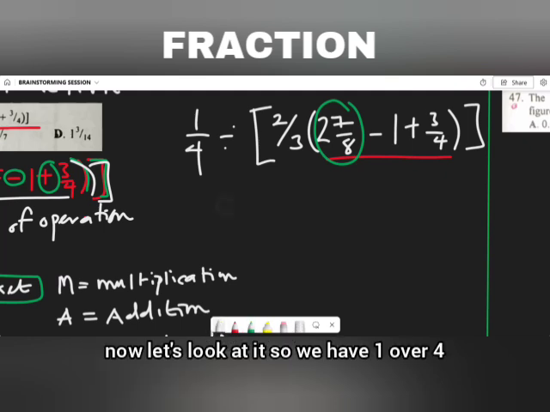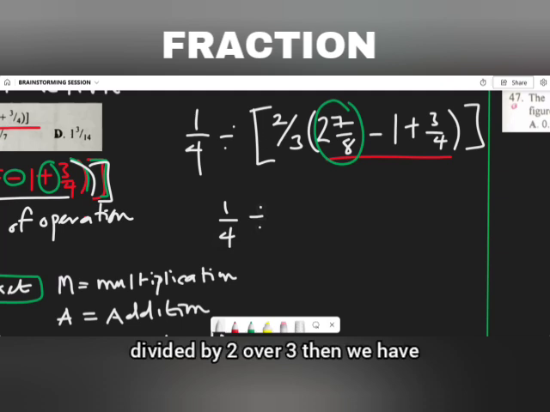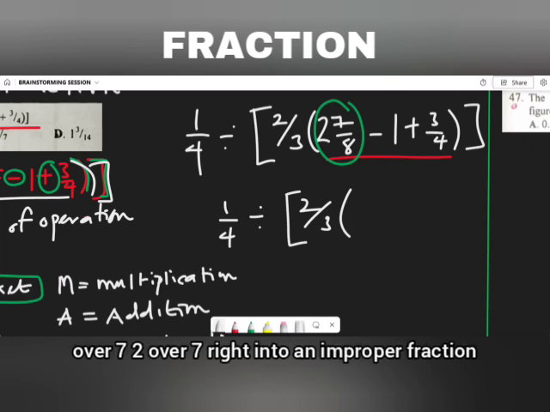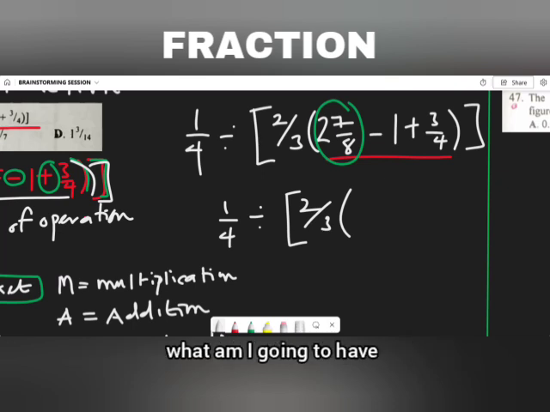So we have 1 over 4 divided by 2 over 3. Then when we convert 2 and 7 over 8 into an improper fraction, what are you going to have? You're going to have 8 times 2, that's 16. 16 plus 7 will give you 23.